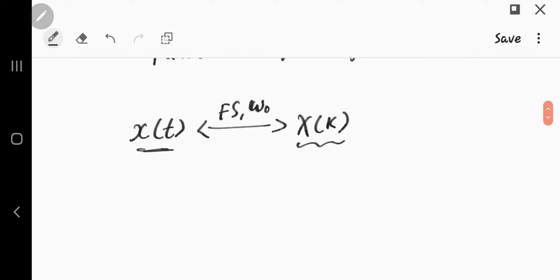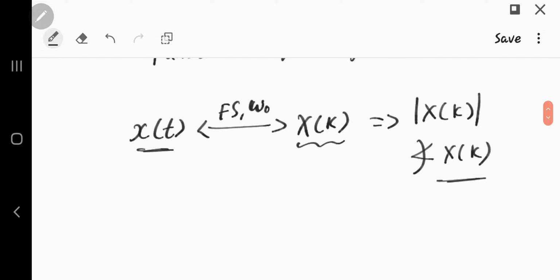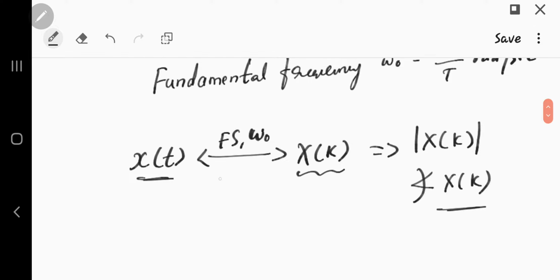For this, we can measure the magnitude spectrum, denoted by mod x of k, and the phase spectrum of x of t, denoted by phase of x of k. We can find these two for the signal x of t, which is periodic in nature. So this is the relation between x of t and x of k.